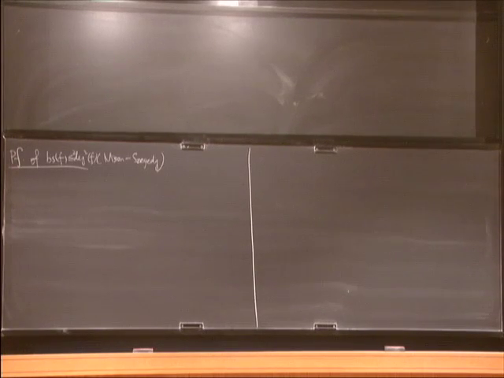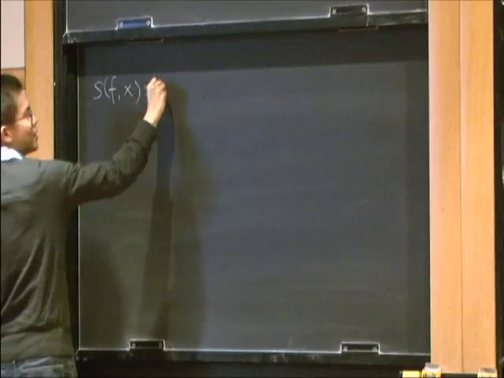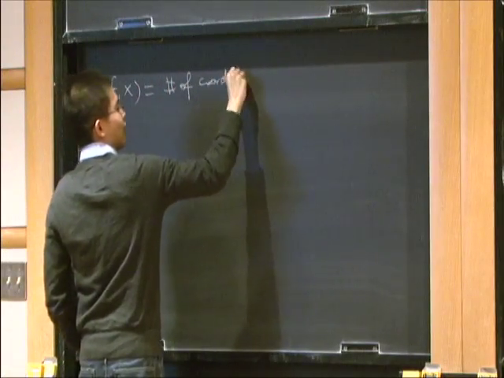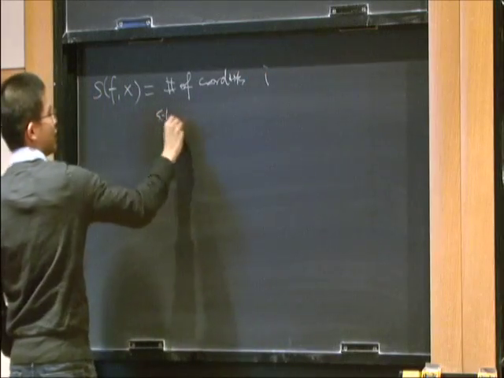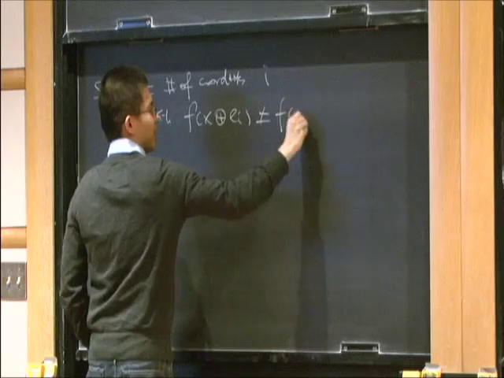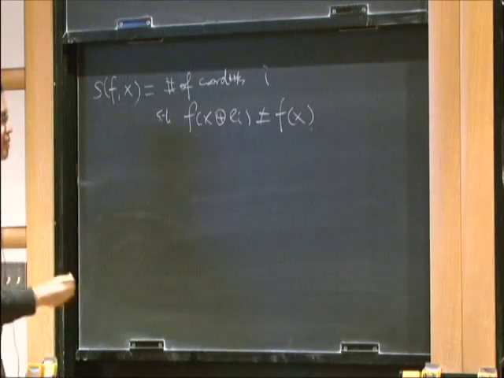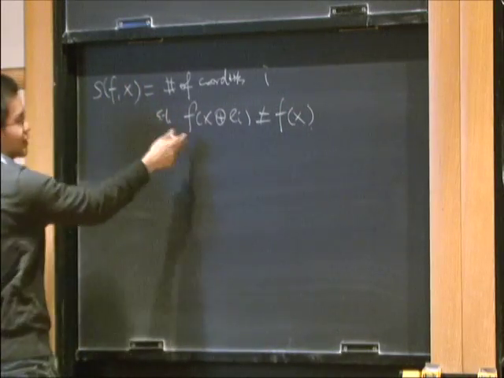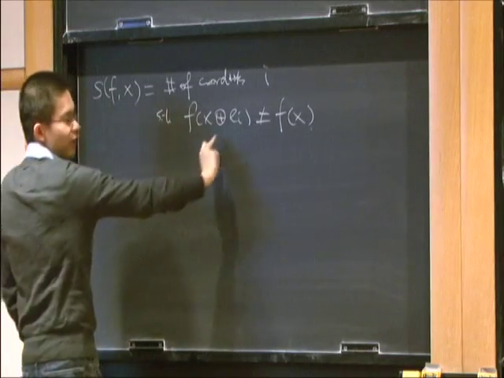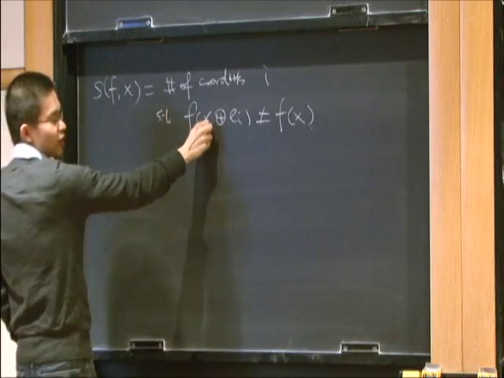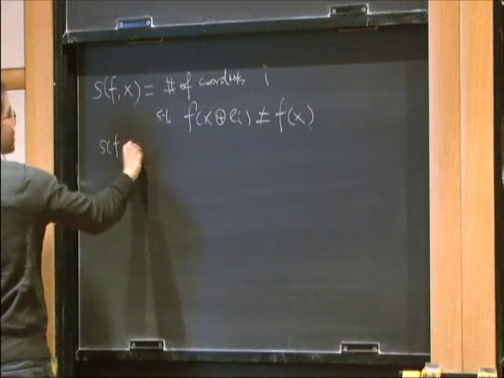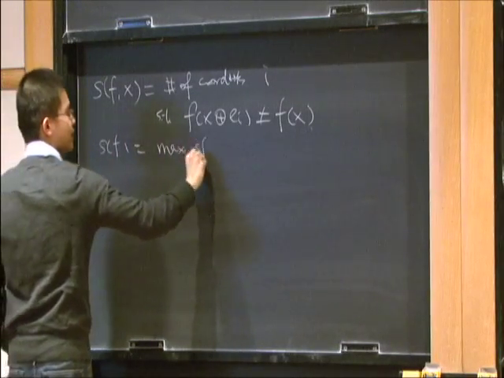So the sensitivity of function f at point s is the number of coordinates i such that f(s + e_i) is not equal to f(s). s + e_i is basically, think of s as the vector in {0,1}^n, and e_i is the unit vector. Then you basically change the i-th coordinate. And the sensitivity is the maximum local sensitivity.